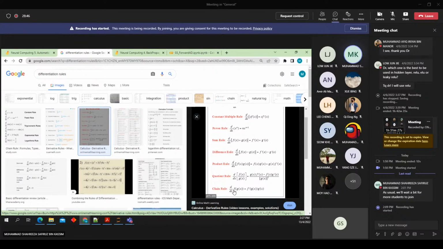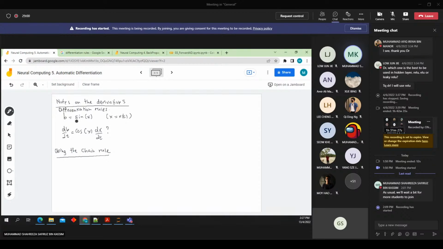You have a function f, which is a function of g, but g is also a function of x. So you can use the chain rule. In our case, we have b, which is a function of x, but x is a function of t. So we want to differentiate b with respect to t, and then you use the chain rule.